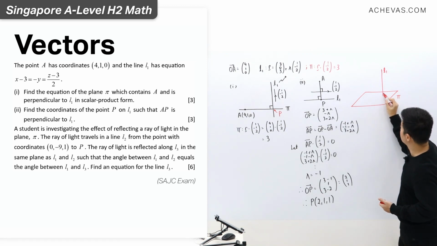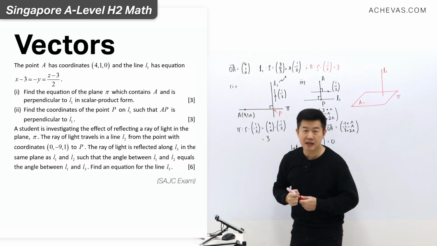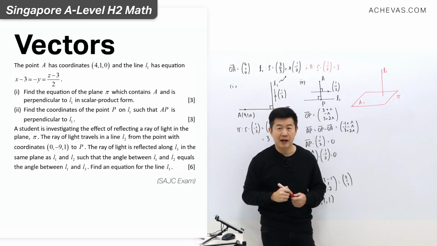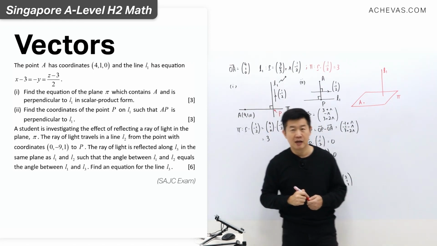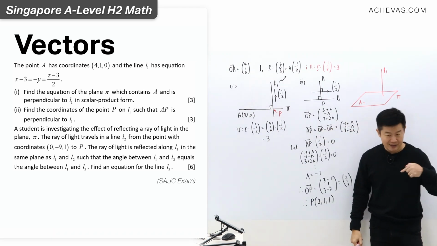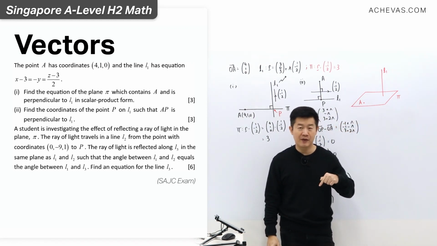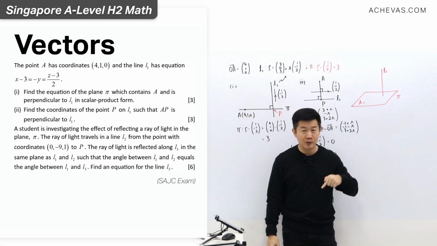So this is 90 degrees perpendicular to L1. And we have a point A that is going to be lying on the plane pi. The question says that AP is perpendicular to L1. If you were required to plant P here, let's ask ourselves now, where do you think P is?